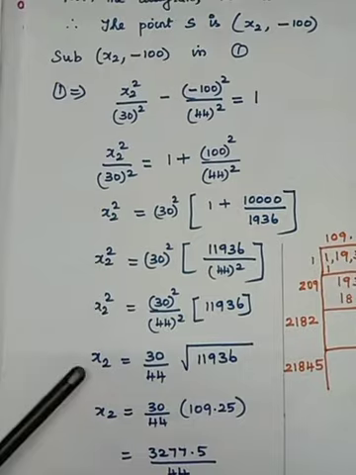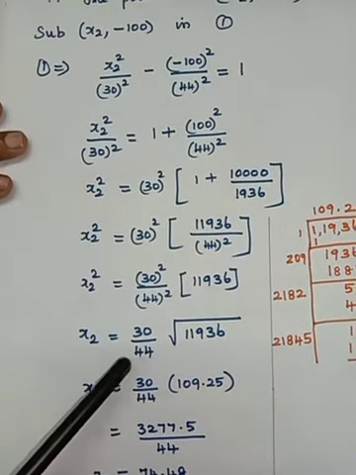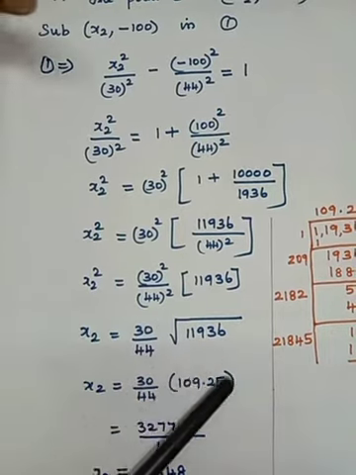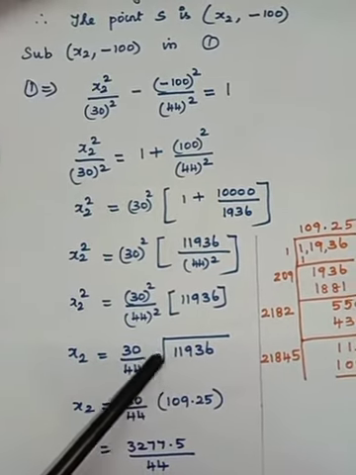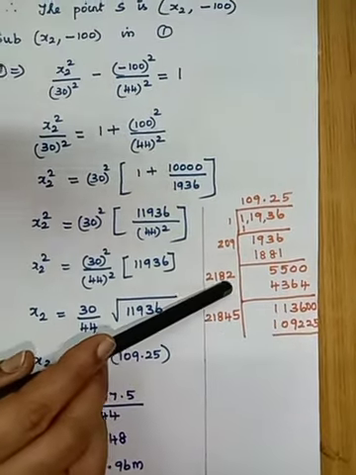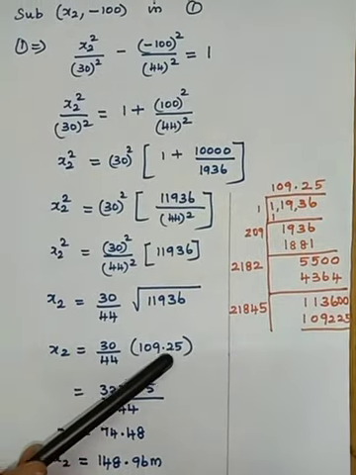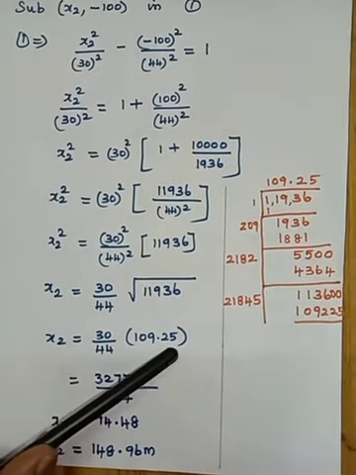So x2 is nothing but the square root of this. So it is 30 by 44 and the square root of 11,936. So the square root is calculated here. Okay. So the answer is 109.25.